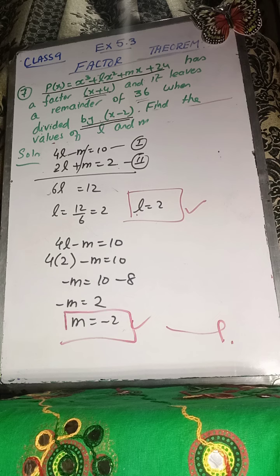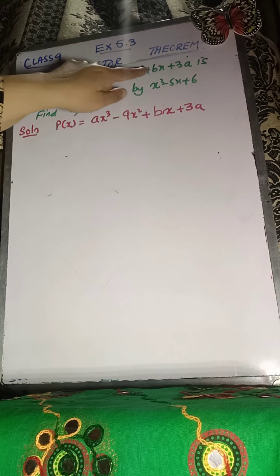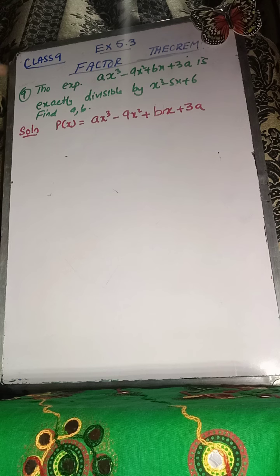Now the last question of the exercise is question number 9. Let me write the question first. We are given that the expression ax cube minus 9x square plus bx plus 3a is exactly divisible by x square minus 5x plus 6.